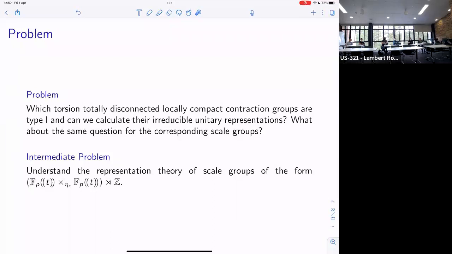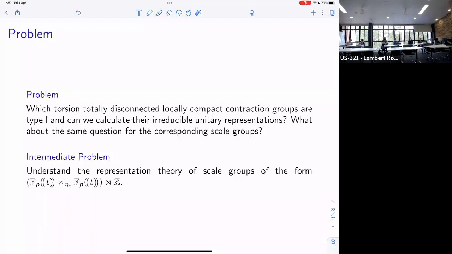So that's the general problem I'm working towards solving: understanding the representation theory and the type 1 property for torsion TDLC contraction groups, and also the corresponding scale groups. The next intermediate question is to work out this problem for when the elliptic subgroup is a two-step nilpotent torsion locally compact group.